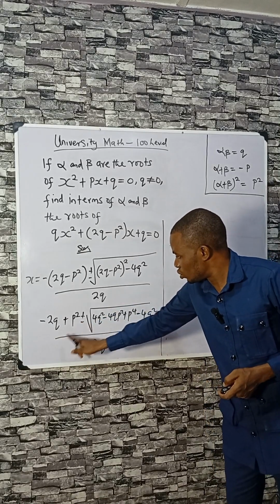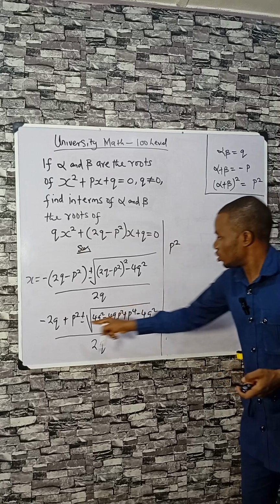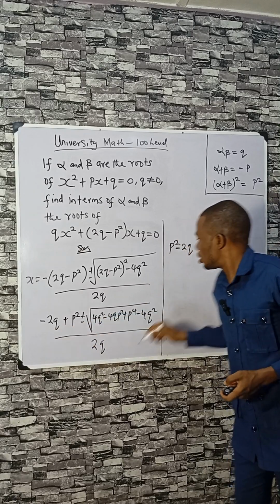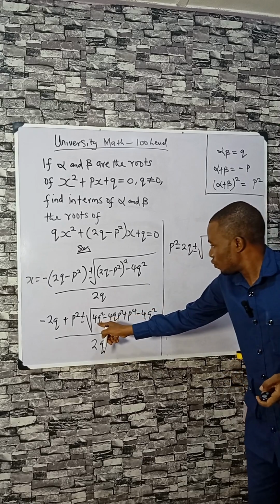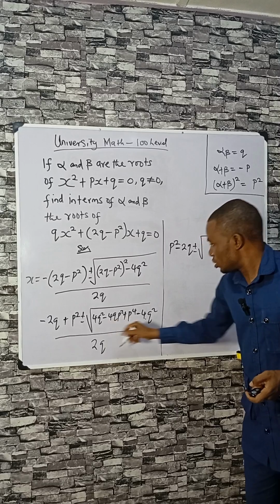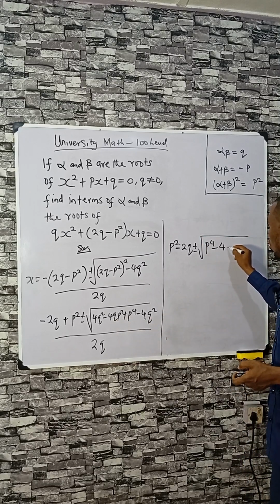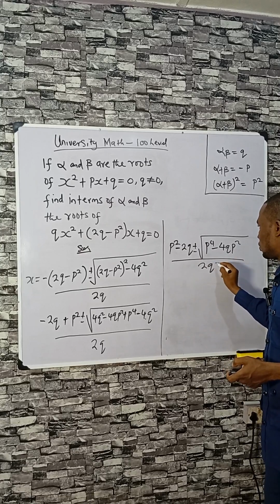If we take p squared first and then 2q, that will be p squared minus 2q, then plus or minus square root of 4q squared minus 4q squared, that is 0. Then we'll take this first: p raised to the power 4 minus 4qp squared, divided by 2q.